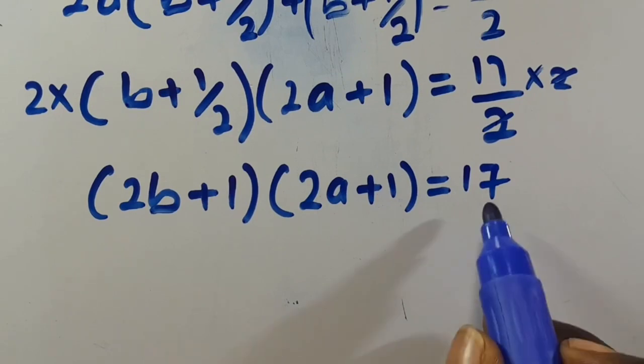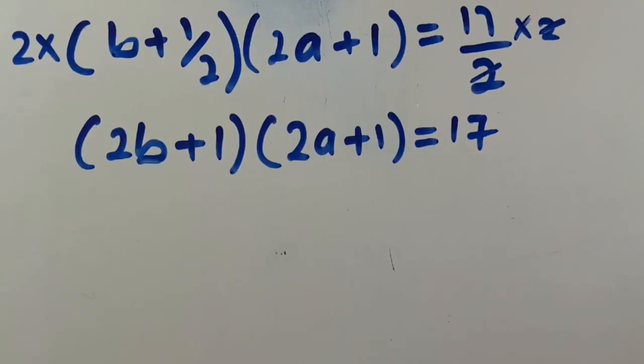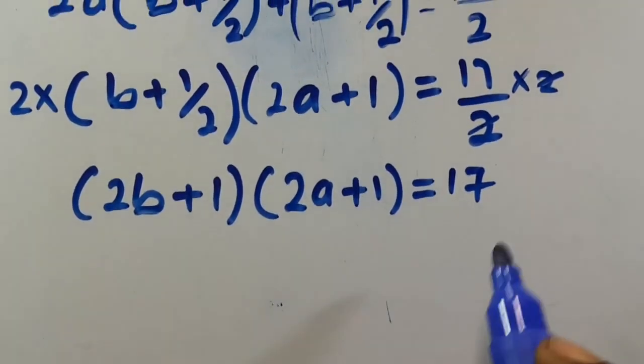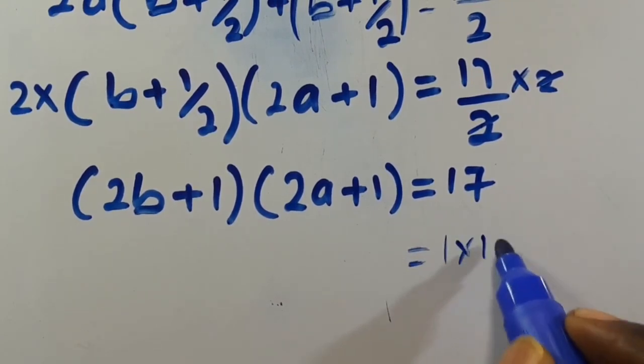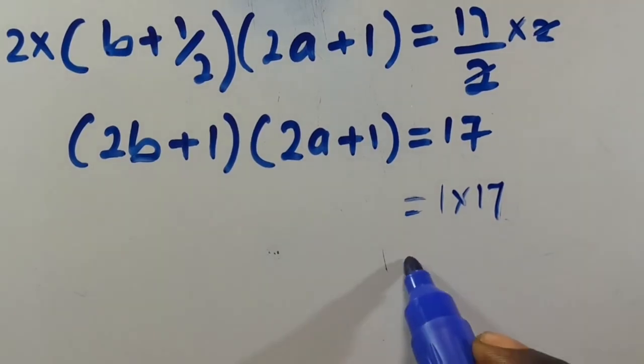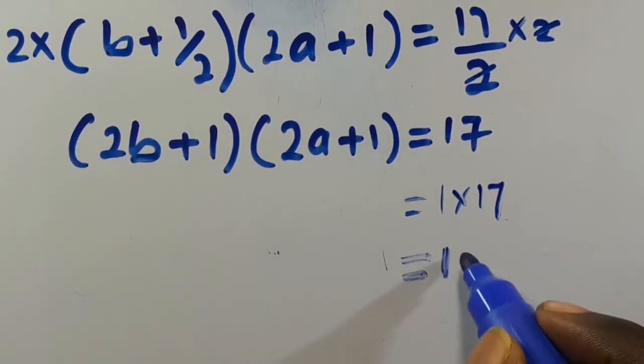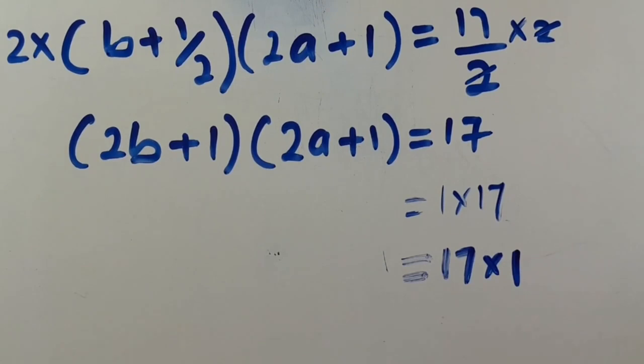Then we can express this 17 as 1 multiplied by 17. We can also have this as 17 multiplied by 1. So we have this as a product of two numbers.